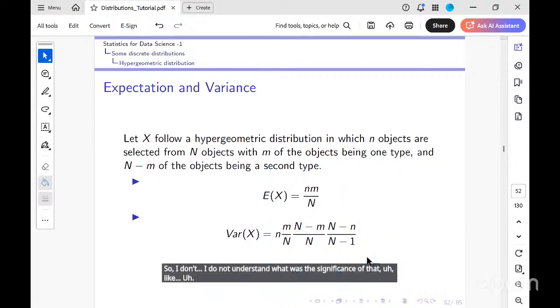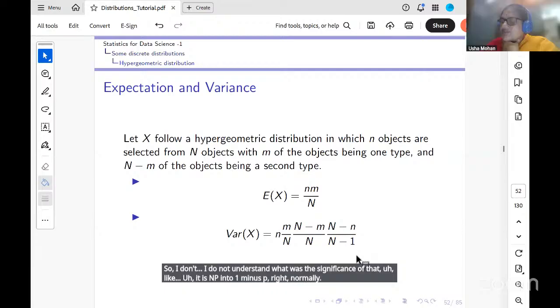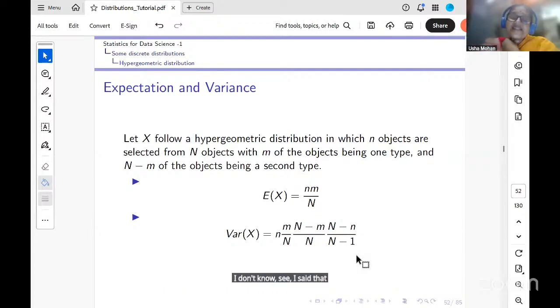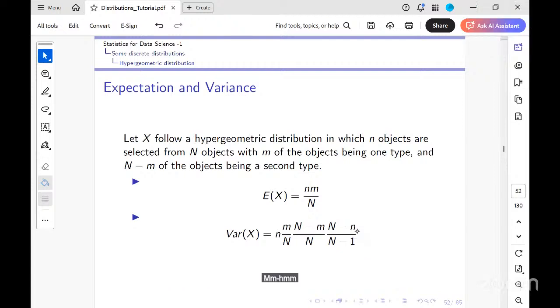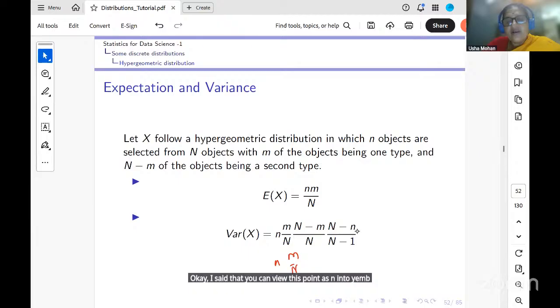It is np into 1 minus p normally, right? See, this is the hypergeometric formula. You can view this as n into m by N into 1 minus m by N. This portion is the same as 1 minus m by N. Would you agree? Yes, ma'am.